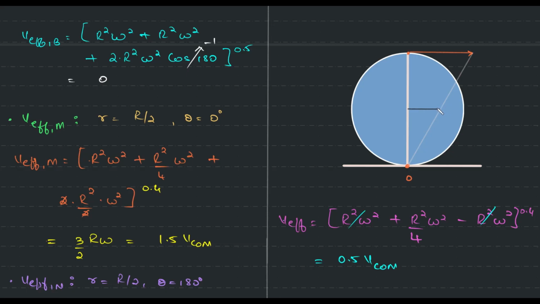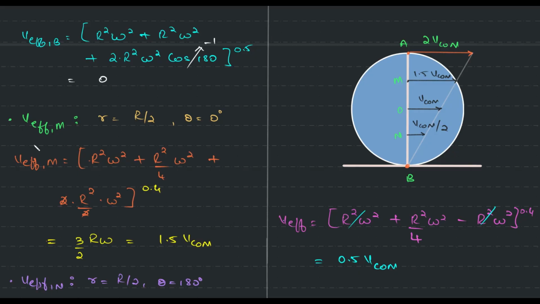This will be your VCOM. Here would be 1.5 times the length of VCOM. This would be half of VCOM and this will be 0. This is half the velocity of center of mass and this is double the velocity of center of mass. This would be the picture. That would be your point A. This is point O. This is point B. This is point M and that's point N. This would be the picture.